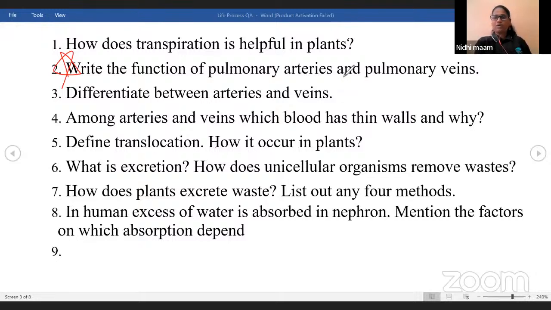It is also a blood vessel. Okay, it is a blood vessel which carries the blood from the heart to the lungs. It carries carbon dioxide rich blood to the lungs for the filtration. Pulmonary veins, it carries oxygenated blood. It carries oxygen rich blood from the lungs to the heart.